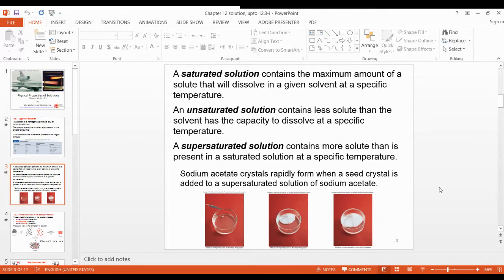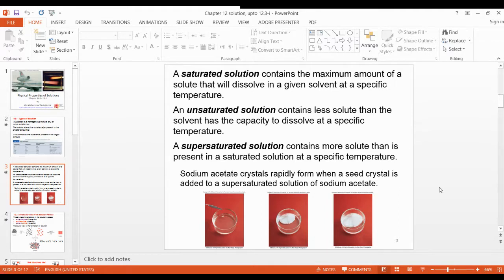What happens? You get more room in the water because of the temperature increase. Then you add some extra solute into it, and it will dissolve. Now, because the solute is greater than the capacity of water, when you cool it down, whatever extra solute you added will be crystallized. That will come back again in the form of crystals.